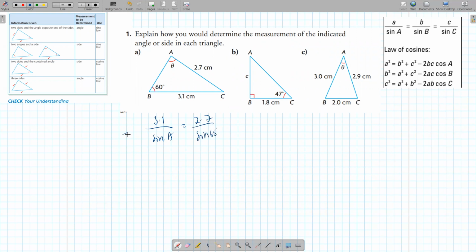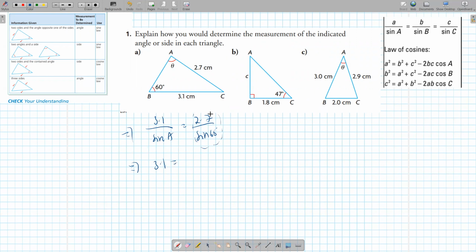Now, in this, the unknown is in the denominator. How do we solve this for A? You multiply by sine A first. Yes, correct. So you get 3.1 equals, and this bit we can plug in a calculator. What's 2.7 divided by sine 60?